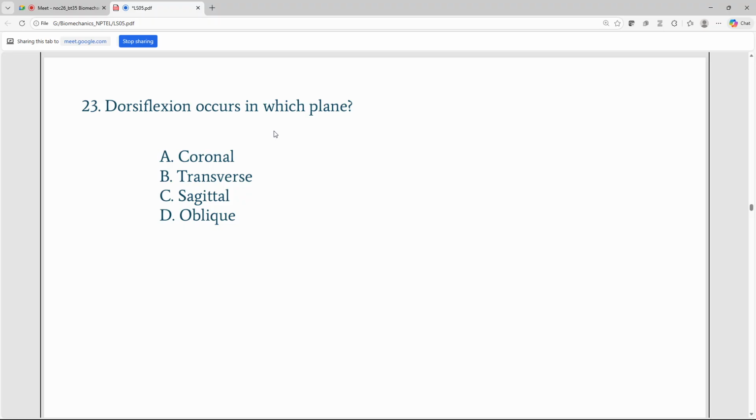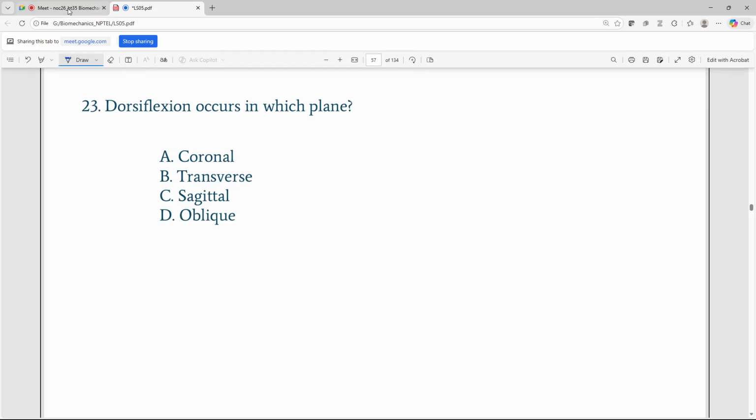Dorsiflexion of the ankle occurs in which plane? Options are option A, coronal, option B, transverse, option C, sagittal, option D, oblique. Simple question. Try to answer the question.